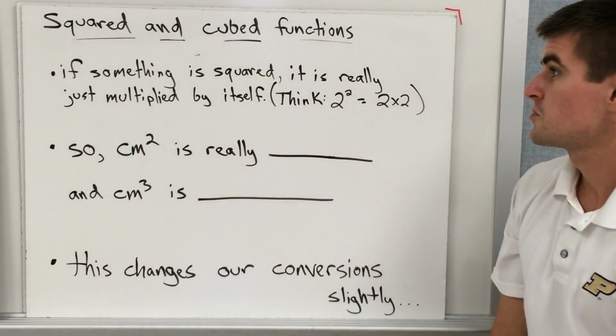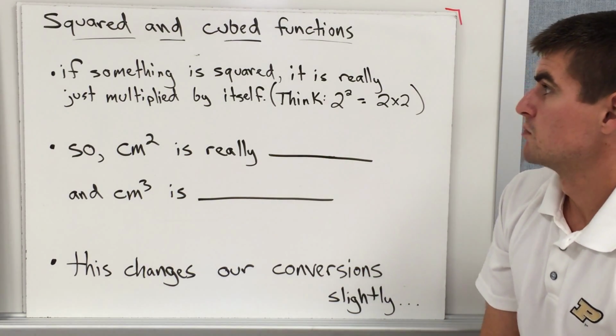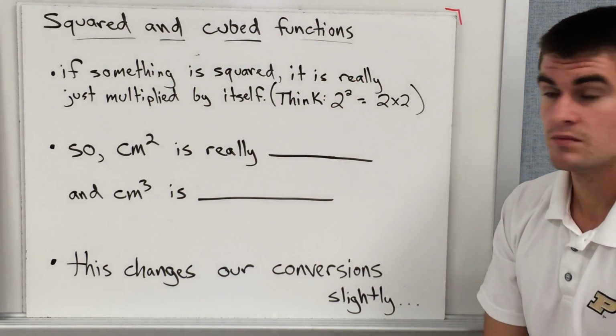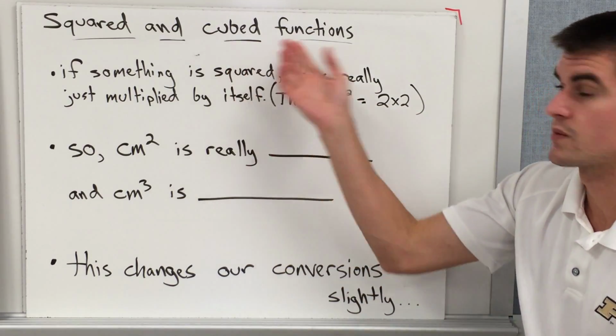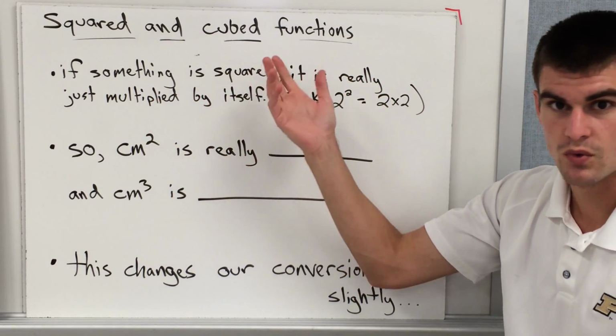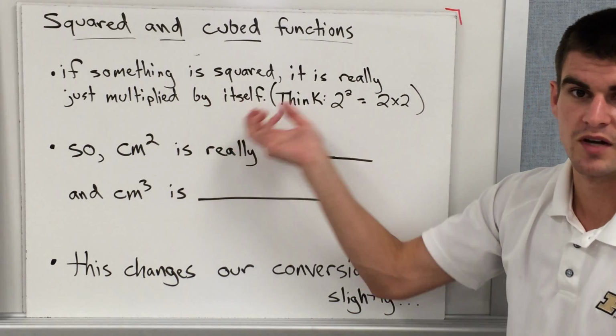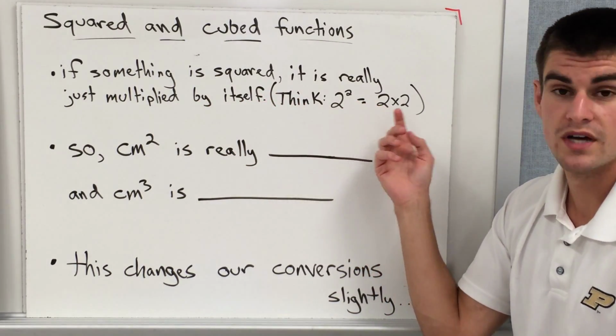Last thing here we haven't talked about, and this is really for the honors kids: squared and cubed functions. So we're just talking about what a squared and cubed function is a little bit. If something's squared, 2 squared, it's really just multiplied by itself. Hopefully you knew that. So think 2 squared is really 2 times 2.